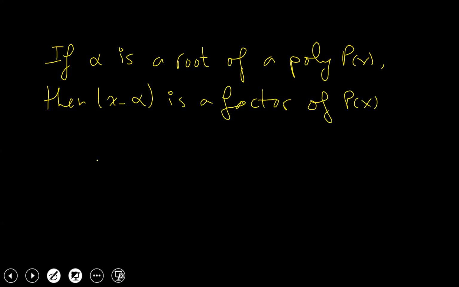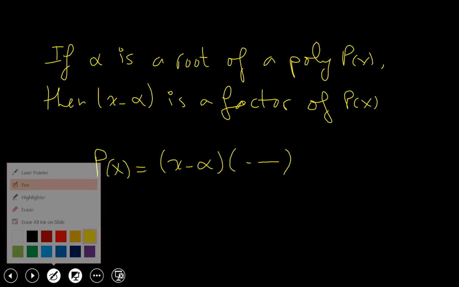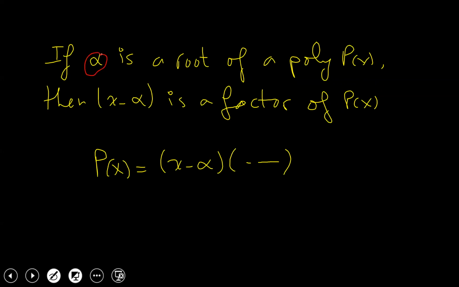That is, p of x is x minus alpha times something. So if alpha is a root, then x minus alpha is a factor.